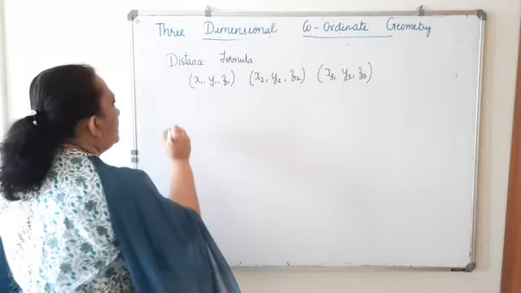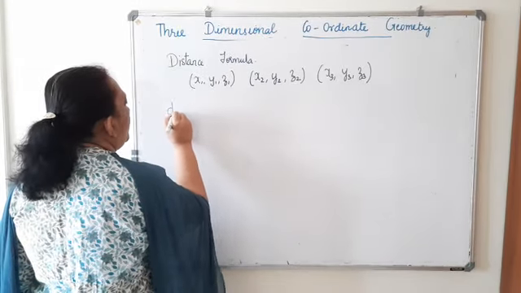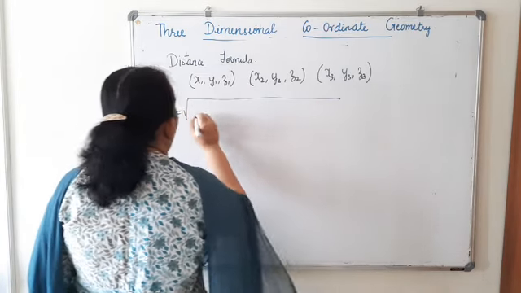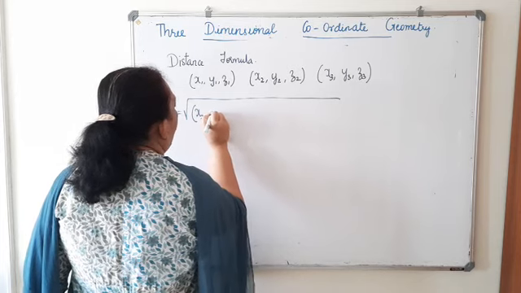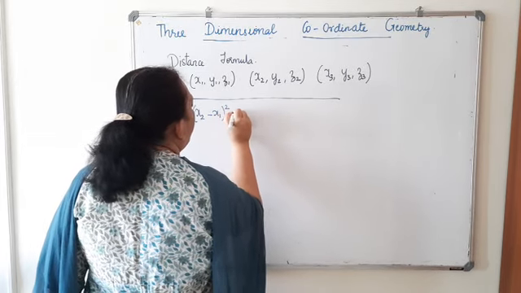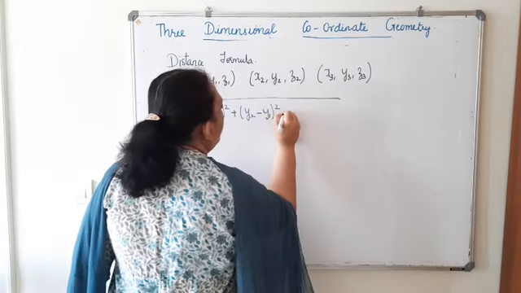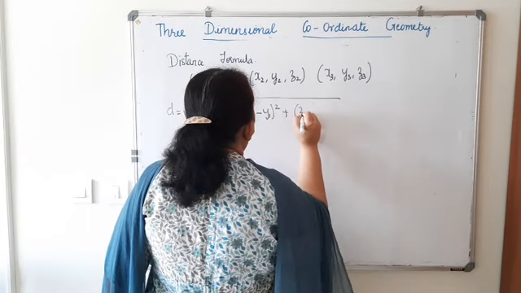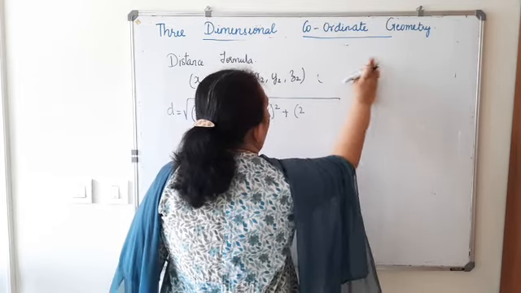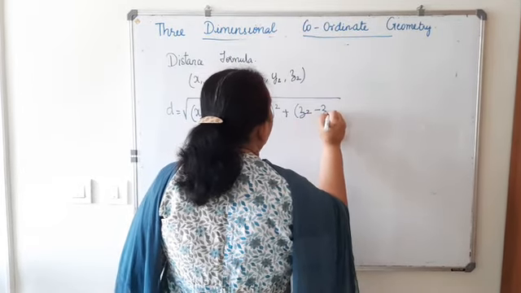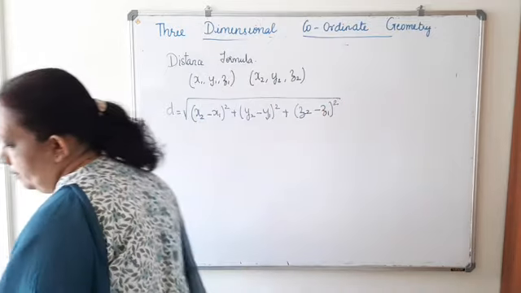What is the distance formula? The distance d is equal to the square root of (x2 minus x1) the whole squared plus (y2 minus y1) the whole squared plus (z2 minus z1) the whole squared.